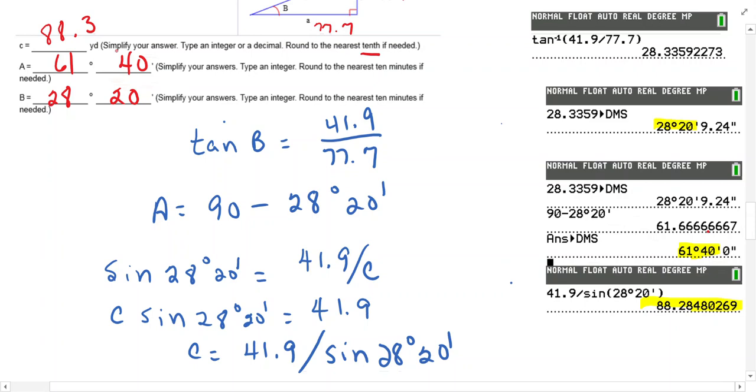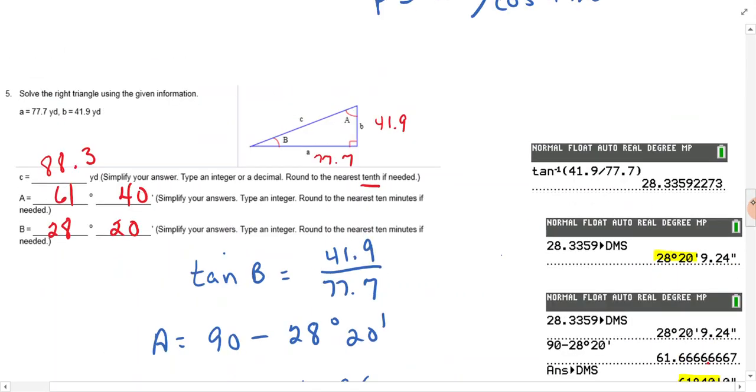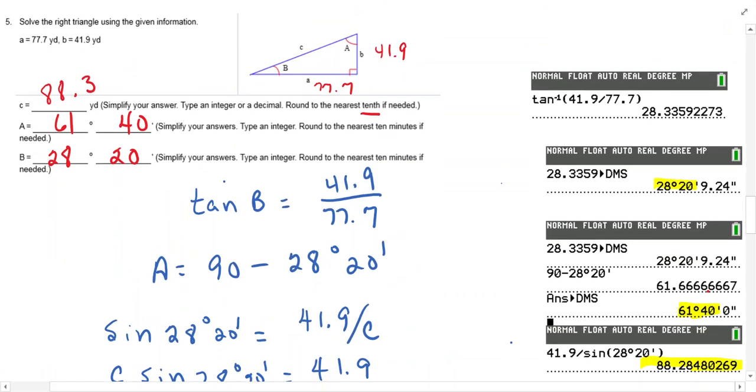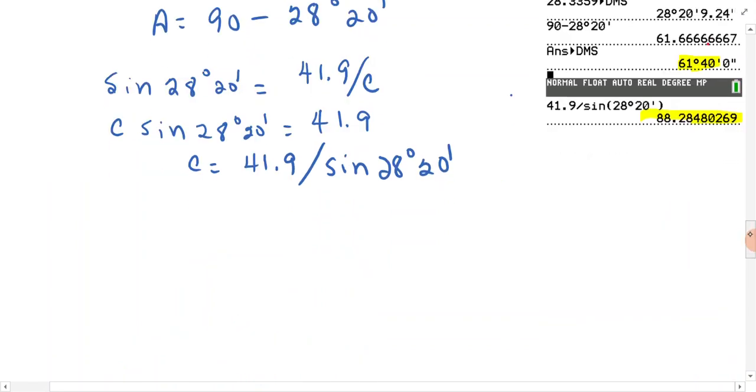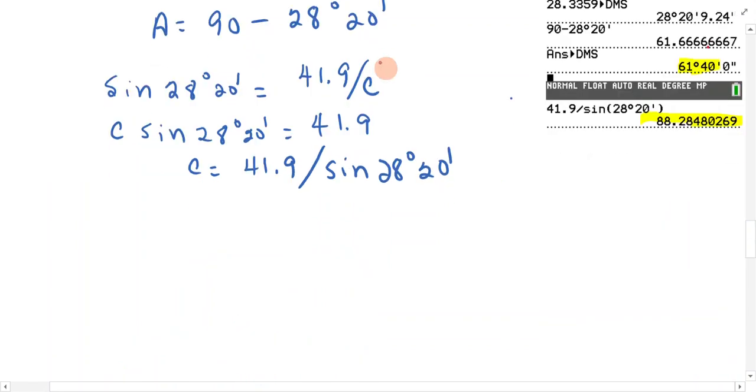And then the last thing you want to do is get side C, if we look back at our picture. In side C, we can say sine of B, which we now know to be 28 degrees 20 minutes, is equal to opposite, which is 41.9, over C. When I solve for C, if I multiply the C over here and then divide the sine, now I've got C by itself and it's equal to 41.9 divided by sine of 28 degrees 20 minutes.